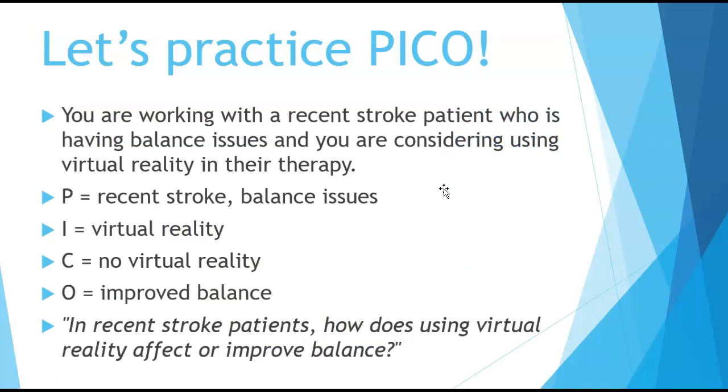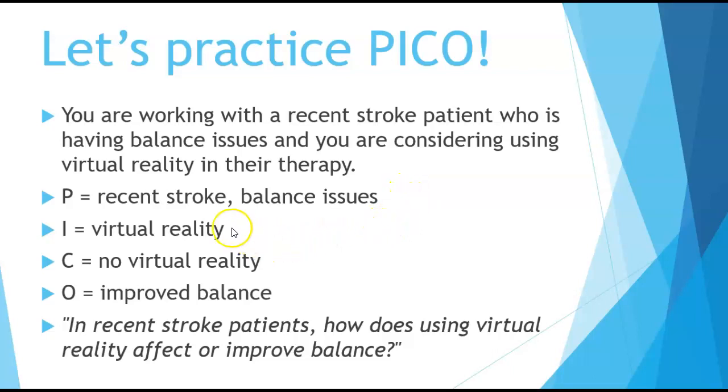On the next slide, it talks about let's practice PICO. So what we're going to do is, if we look at this first entry, it says you are working with a recent stroke patient who is having balance issues, and you are considering using virtual reality in their therapy. From this particular situation, we want to write down what the PICO is. The P is going to stand for a recent stroke and balance issues.